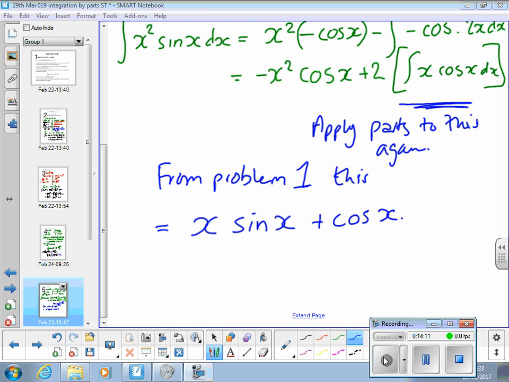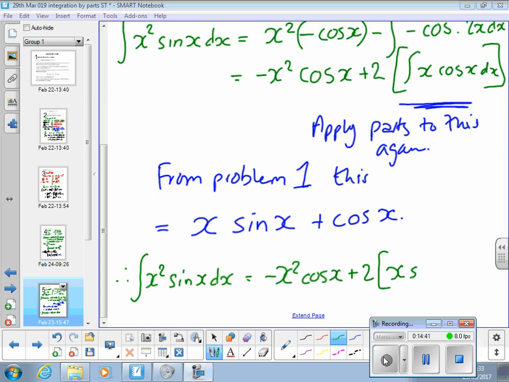Therefore, the integral of x squared sin x dx is equal to that bit, minus x squared cos x plus 2x sin x plus cos x.